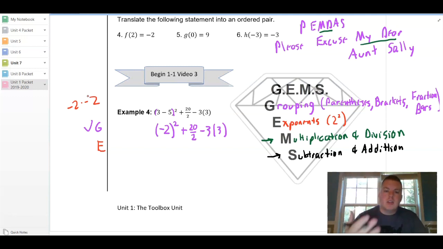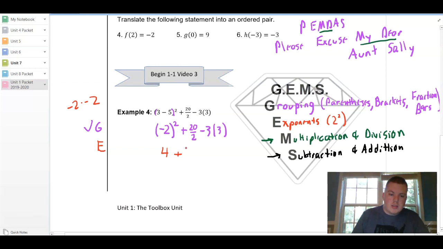Because what it's saying is you're taking that number and multiplying it times itself. So of course, if you take a positive number and multiply itself by itself, you're going to get a positive number. But when you take a negative number like negative 2 and multiply it times itself, another negative 2, that's going to give you a positive answer. So this should give us a positive 4. So make sure you pay attention to that when you are squaring things. Anytime you square something, you should end up with a positive number.